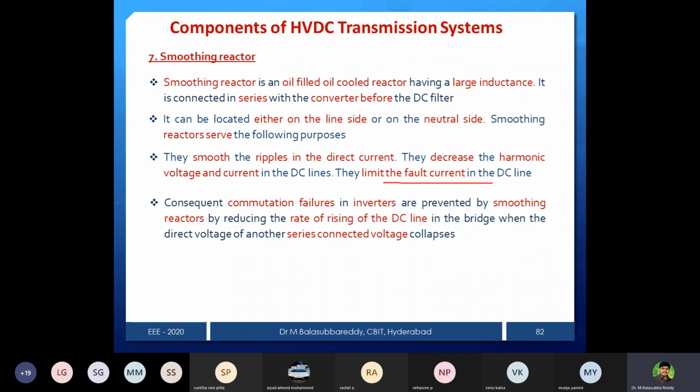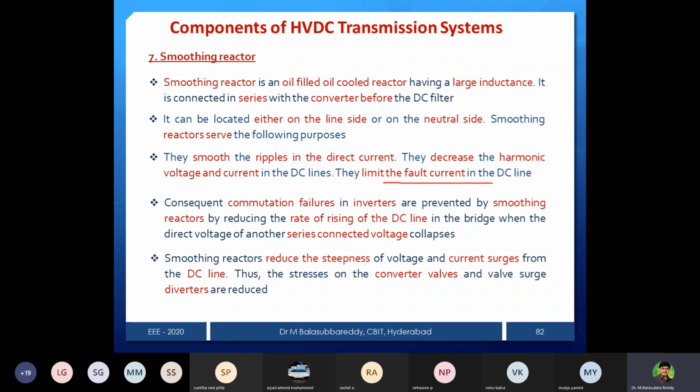The smoothing reactor also reduces the rate of rise of the DC line current in the bridge when the direct voltage of another series connected bridge collapses. So if anything happens, this can withstand it to some extent. Smoothing reactors reduce the steepness of the voltage and current surges on the DC line.